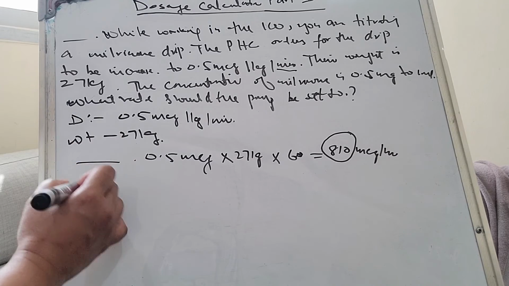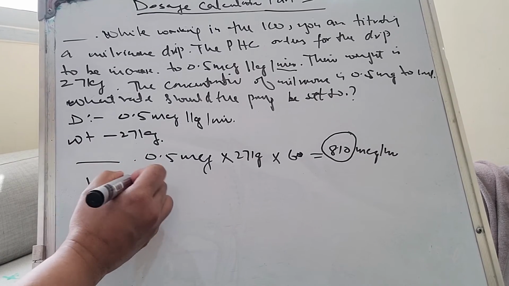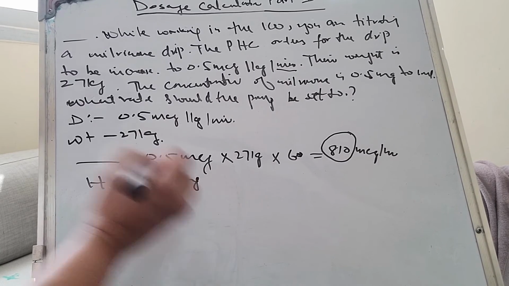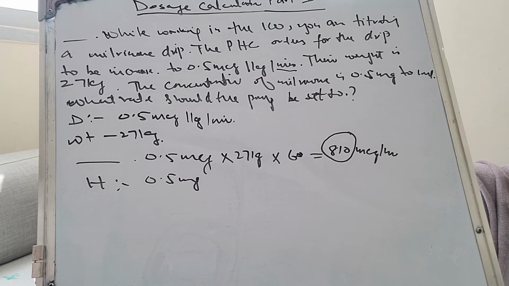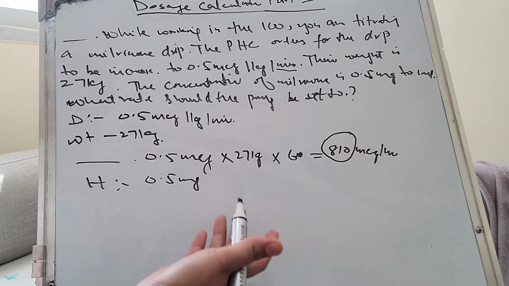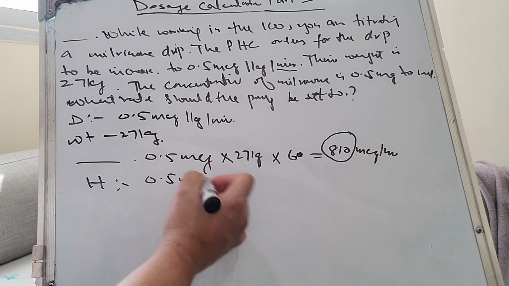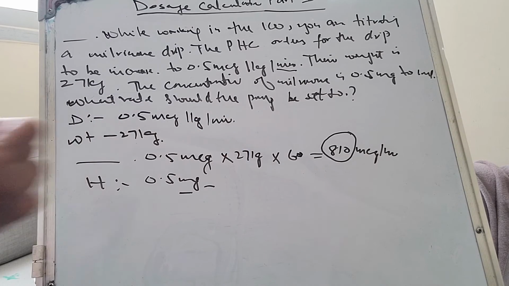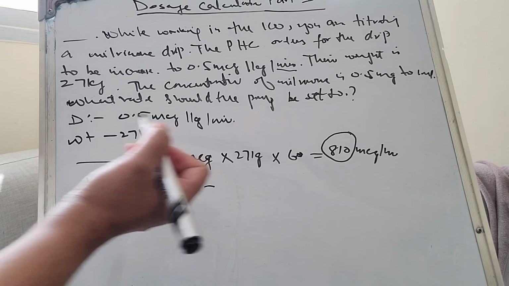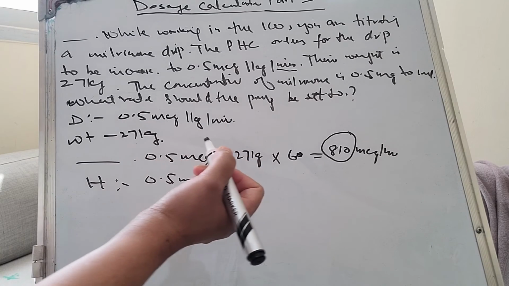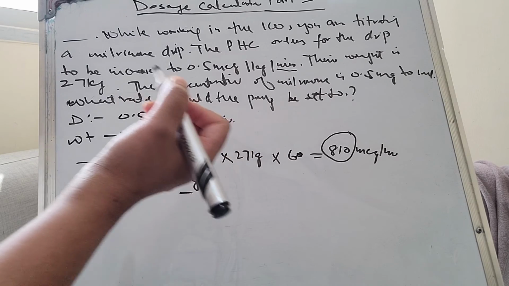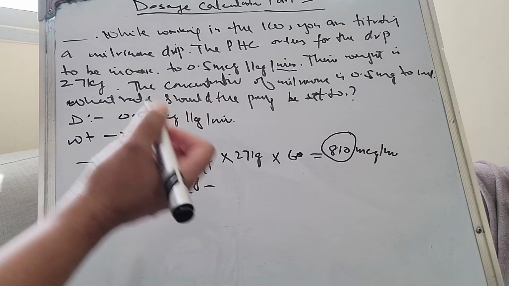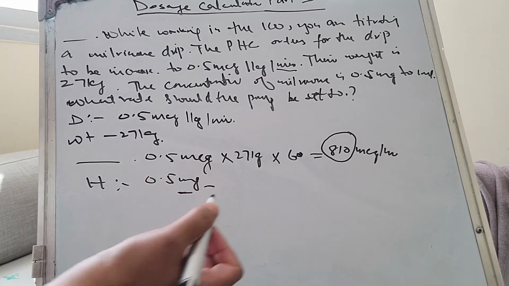Now next step, what do we have in our hand? In our hand we have 0.5 milligram. For milligram, always keep in your mind, because this is a different unit. They ask you the dose in microgram, so milligram is a different unit. So what will we do? We will convert this milligram to microgram.